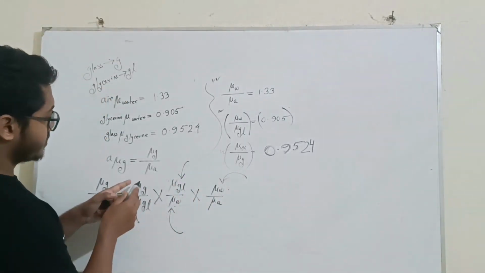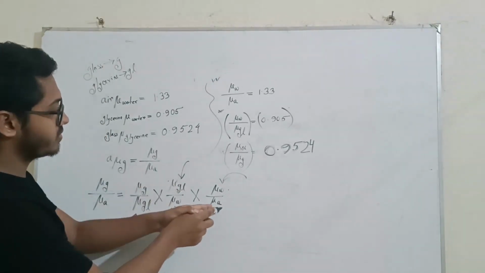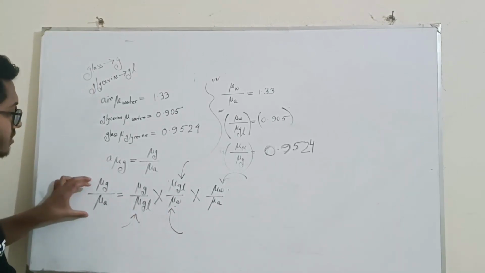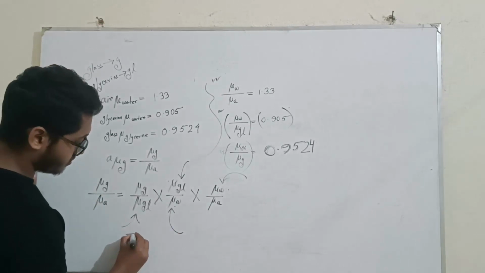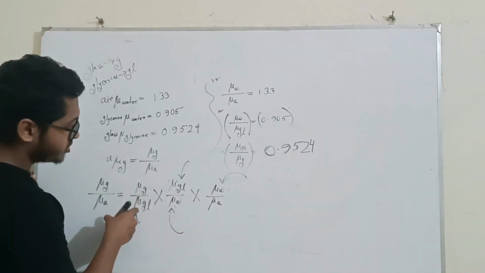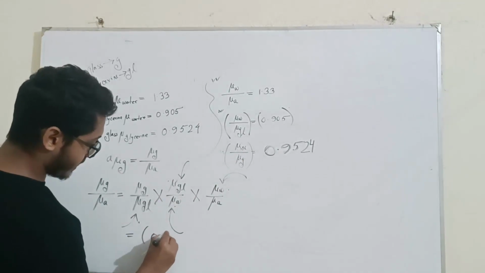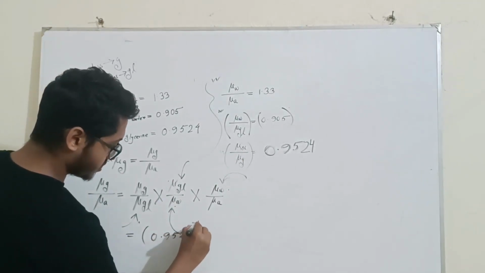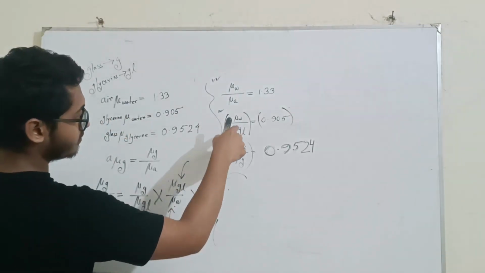Eventually it remains, in the numerator side, the refractive index of glass, and in the denominator side the refractive index of air, as per our required fraction. So nu G by nu GL, we just have to invert this. So 0.9524 inverse, into nu GL by nu W, by nu GL.